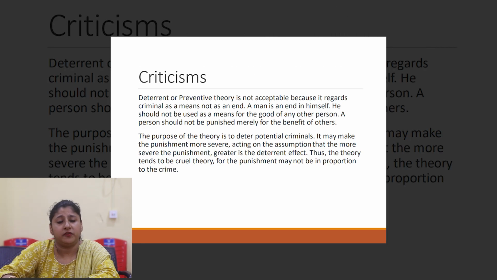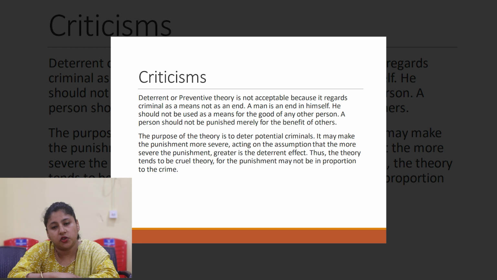But there are various criticisms of preventive theory. For example, preventive theory is not acceptable because it regards criminal as a means, not an end. A man is an end in himself. He should not be used as a means for the good of any other person. A person should not be punished merely for the benefit of others.